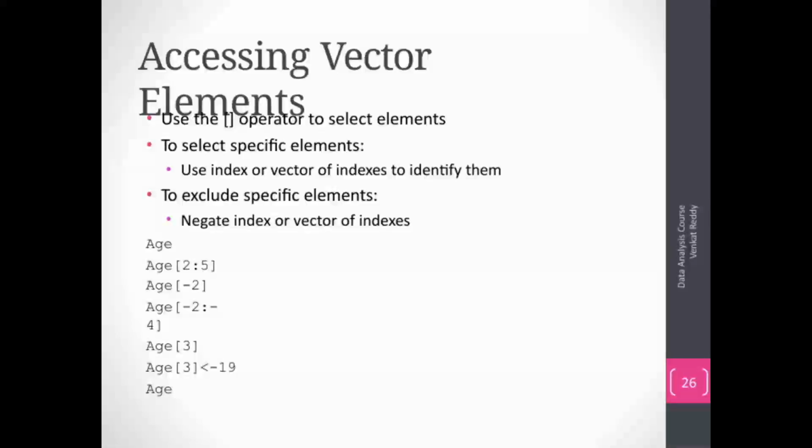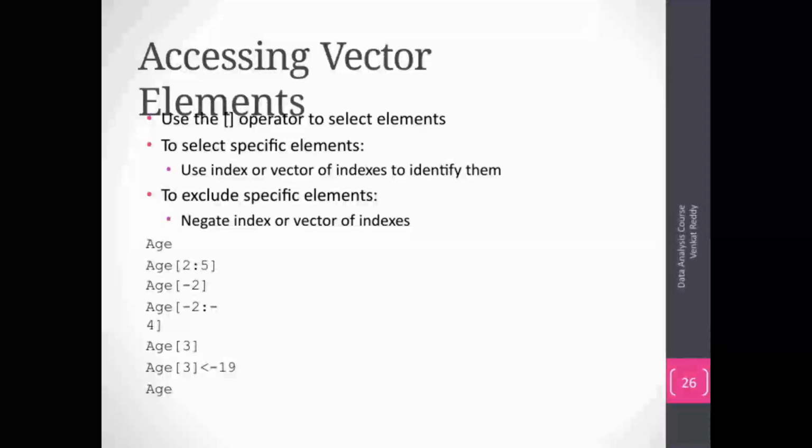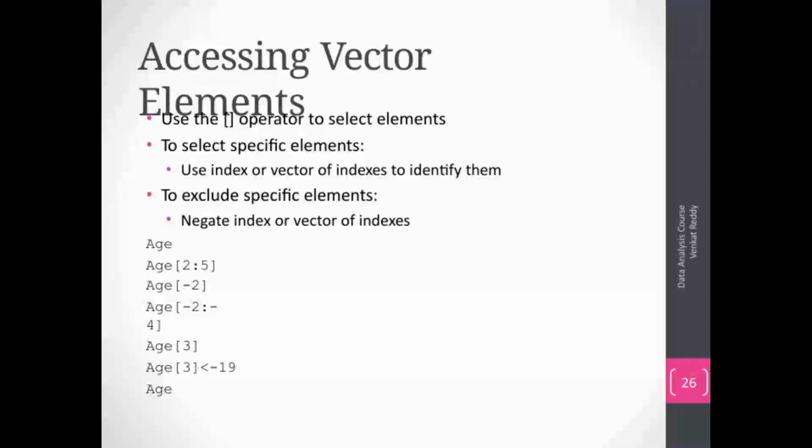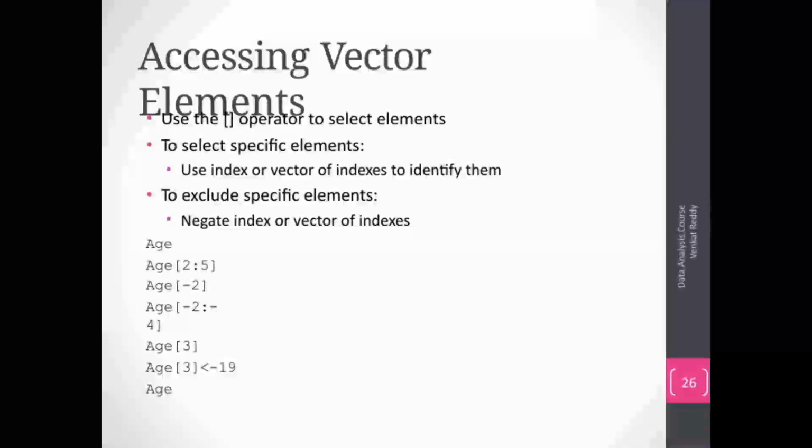For instance, age[3] accesses the third element, and age[3] <- 19 changes that element to 19. After making this change, if we look at age again, we'll see the updated vector. Understanding how to access and modify vector elements is crucial because it allows us to manipulate our data precisely, which is essential for accurate analysis and insights.